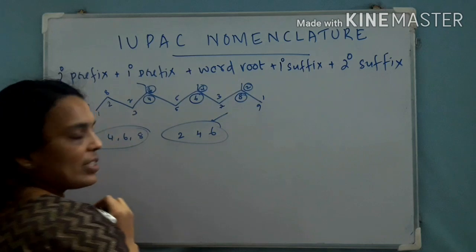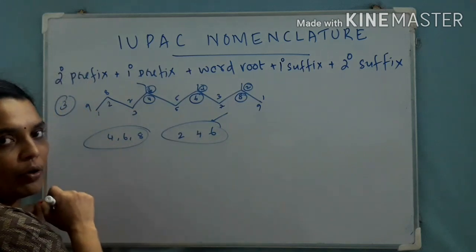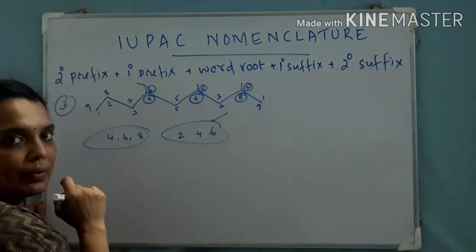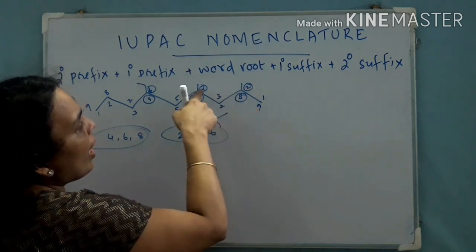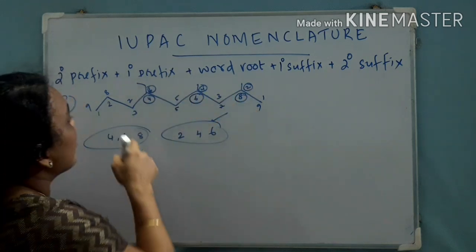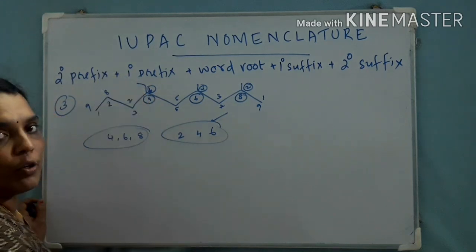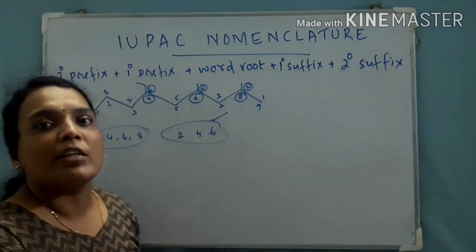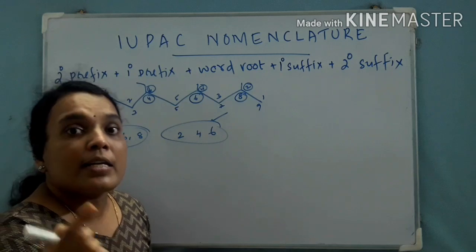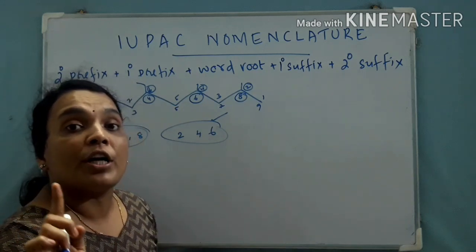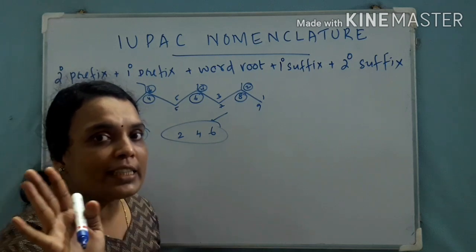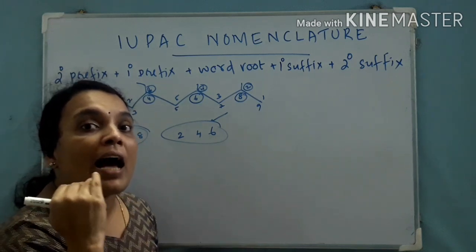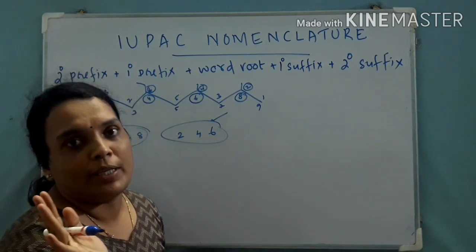This set is lower set. So it will get the priority. This is the correct number. Then look here. In here, 2 and 4 are methyl groups and the 6th position has an ethyl group. There is more than one substituent present. The substituents are arranged according to alphabetical order. Remember, there is no change in numbering, but they are arranged according to alphabetical order.